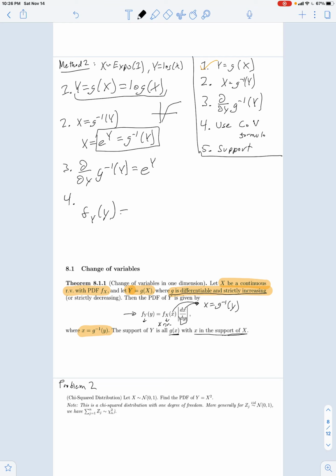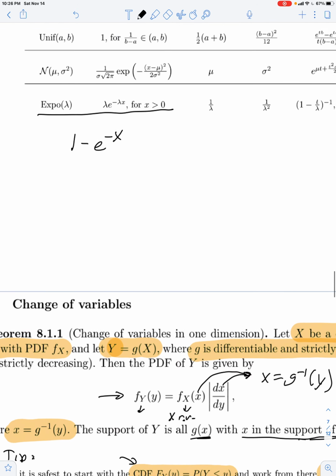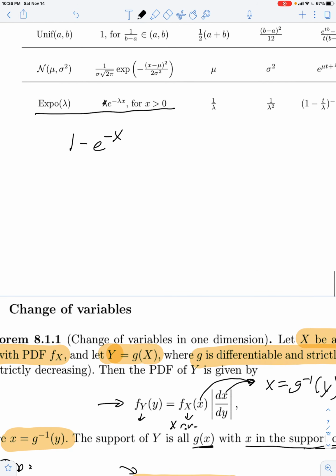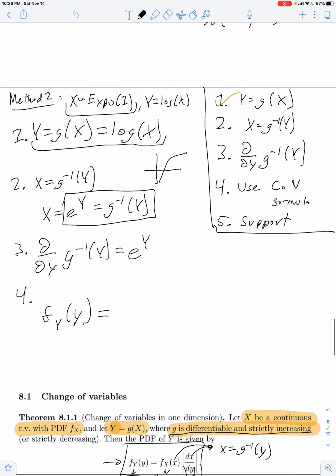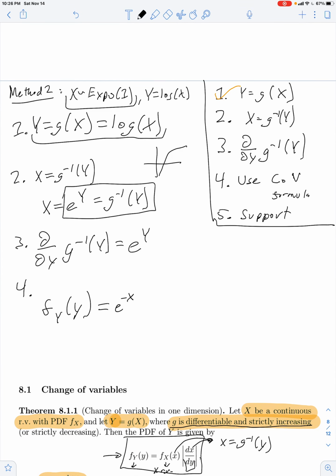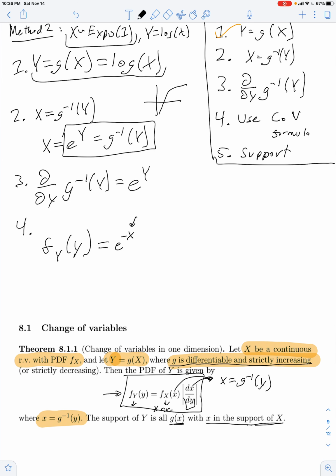And now I can just write down the answer because I have all the things that I need. So f of y, I'm just using this formula right here. So f of x, recall that the PDF of x, Expo with lambda equals 1, is e to the minus x. But remember that this x isn't really the same x that we want. We want this x to be equal to g inverse of y.